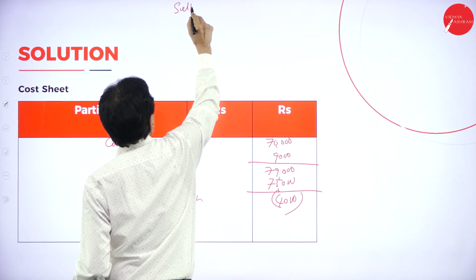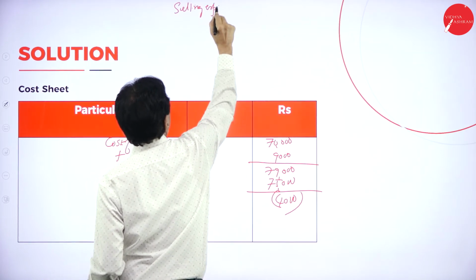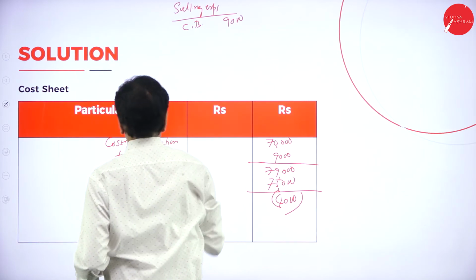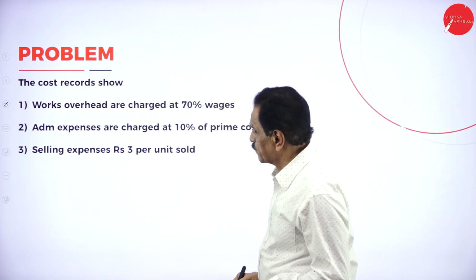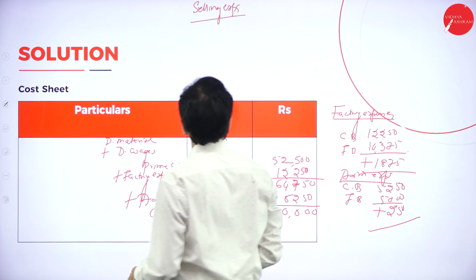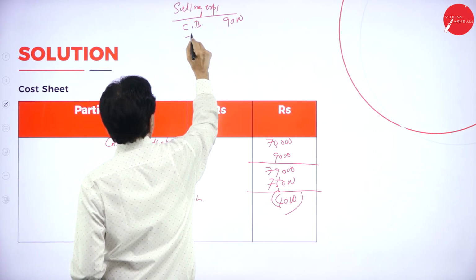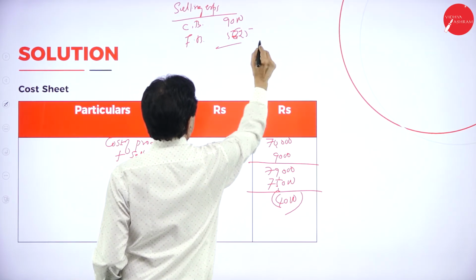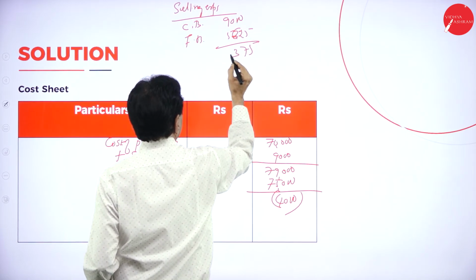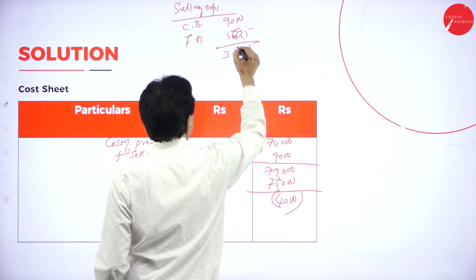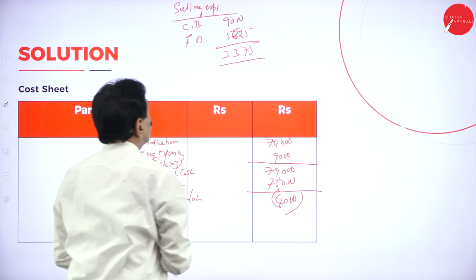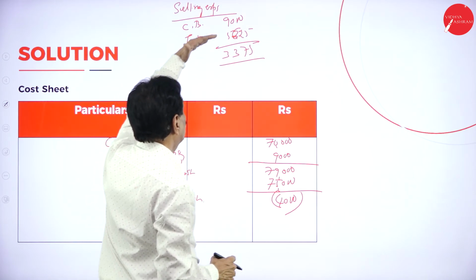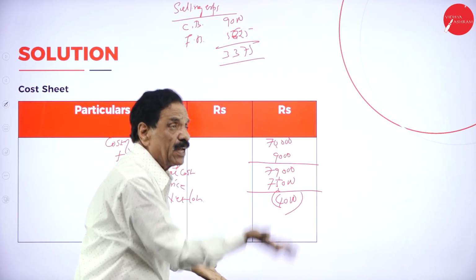Then financial book selling expense is 5,625. The difference is 3,375. Who charges more? Costing charges more, financial charges less. So their profit is reduced, and financial profit is more.